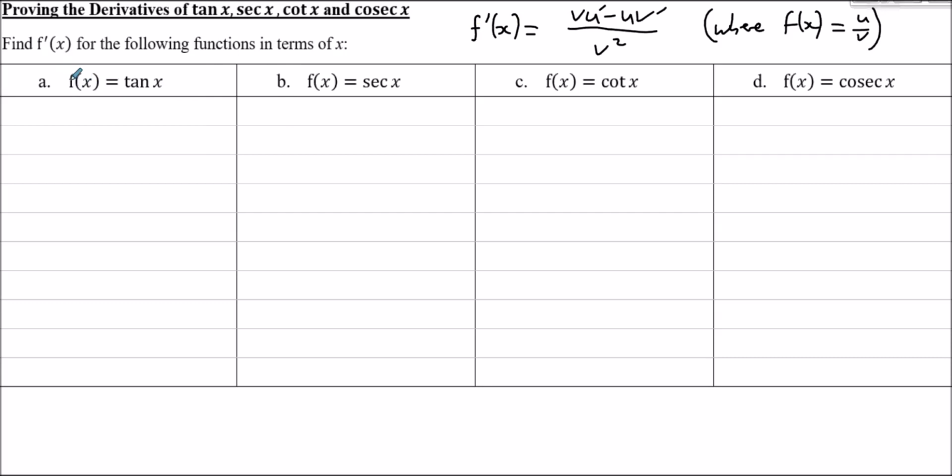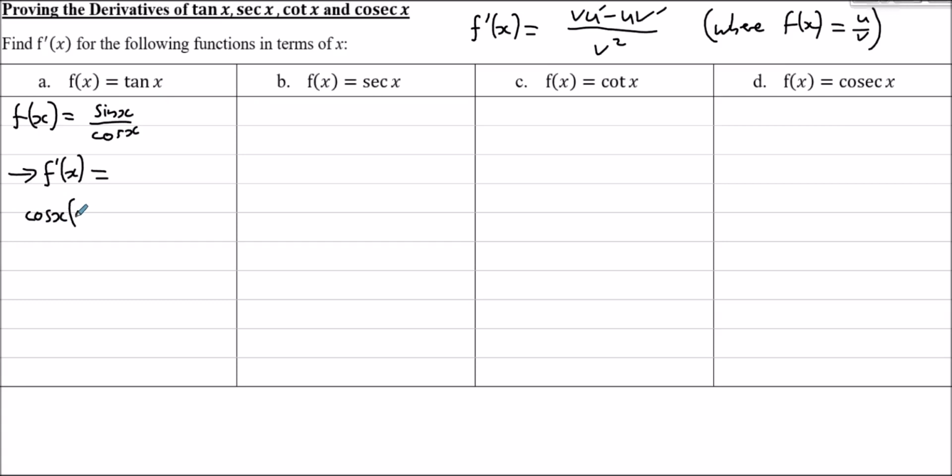So f of x equals tan x. In other words, the first one, how tan is defined, it's sine over cos. So rewrite it in terms of its components, sine over cos. Therefore, using this here, f dash of x is going to be v, the bottom, which is cos x, multiplied by the derivative of the numerator.